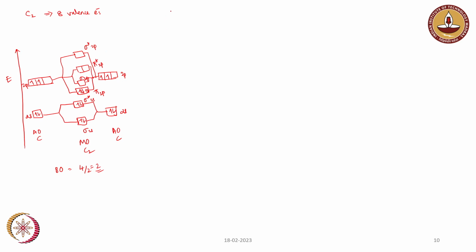And next one is O2. In O2 there are 12 valence electrons.